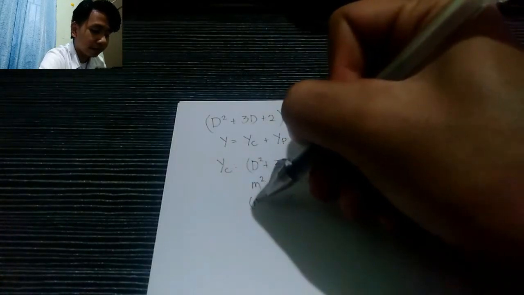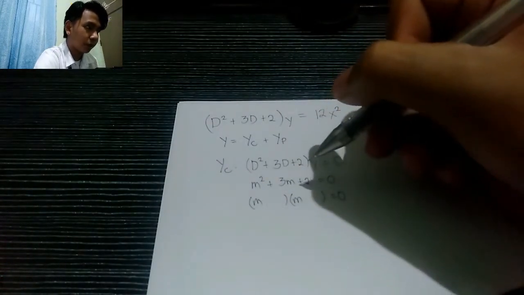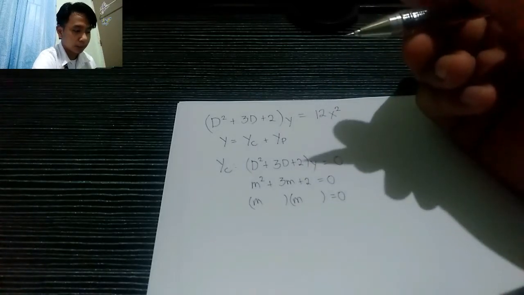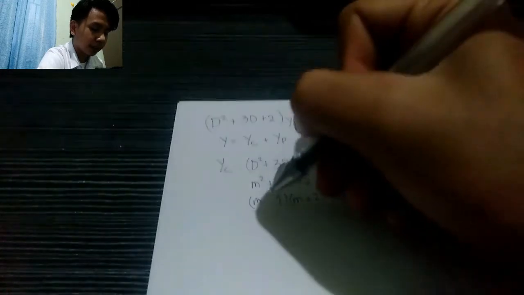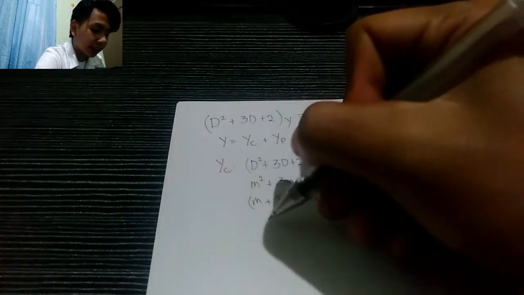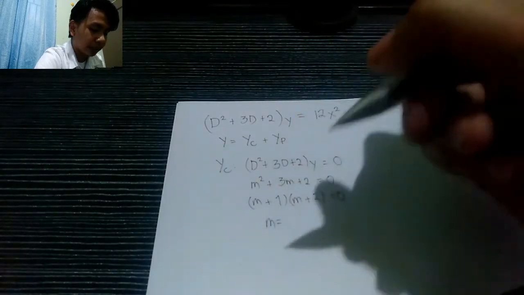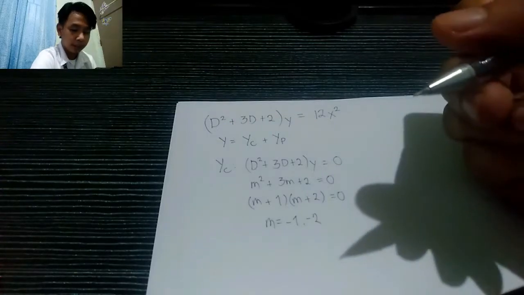So, ano ba factors ng 2? Pwedeng 1 times 2. So, pareho silang positive. So, ang roots ng m dyan ay negative 1 and negative 2.